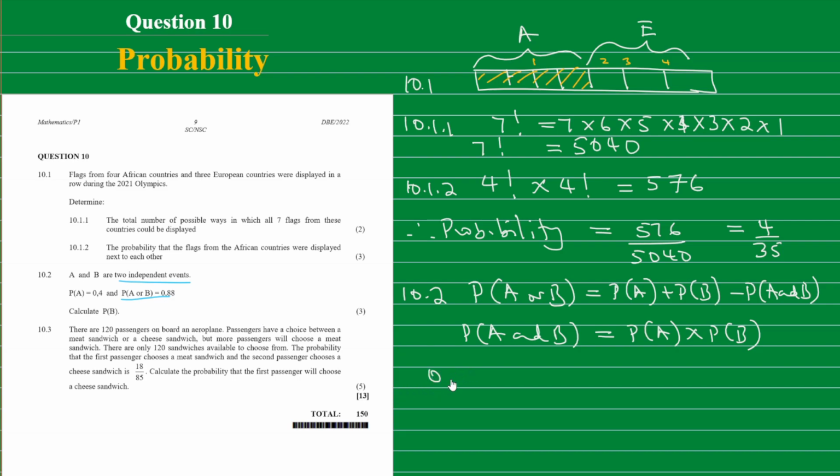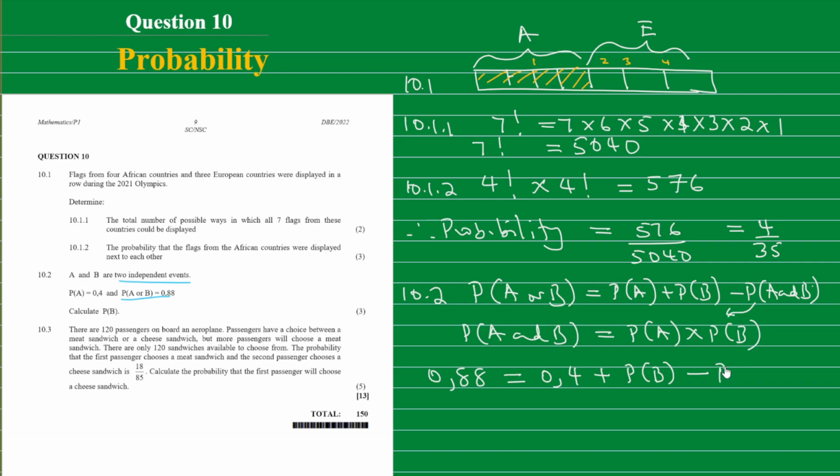So 0.88 is equal to the probability of A, which is 0.4, plus the probability of B, which is what we are calculating, minus the probability of A and B. Now because they are independent events, we can express P(A and B) as the probability of A multiplied by the probability of B.